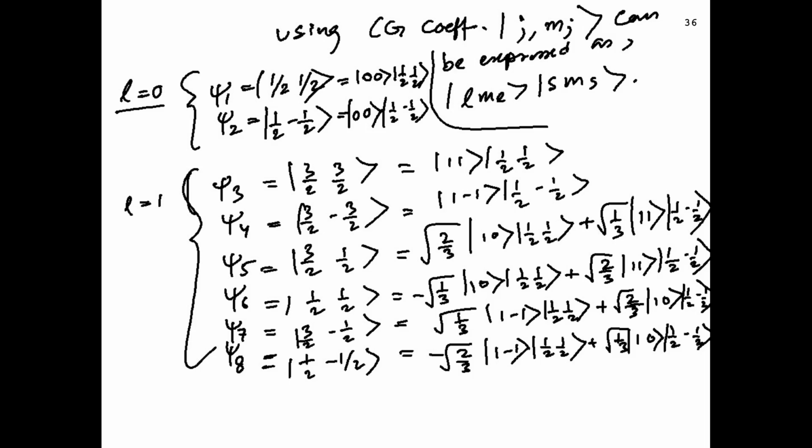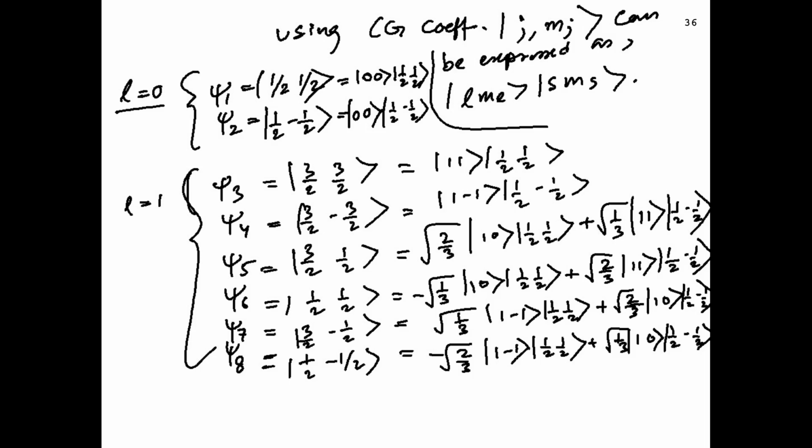In that basis, we will use the Clebsch-Gordan coefficients so that we can go from the j mj basis to the L ml ms basis. We will need that because calculating these terms, H naught or H1, becomes easier in one of those bases, so we can switch from one basis to another, because we cannot use two bases for the same problem.